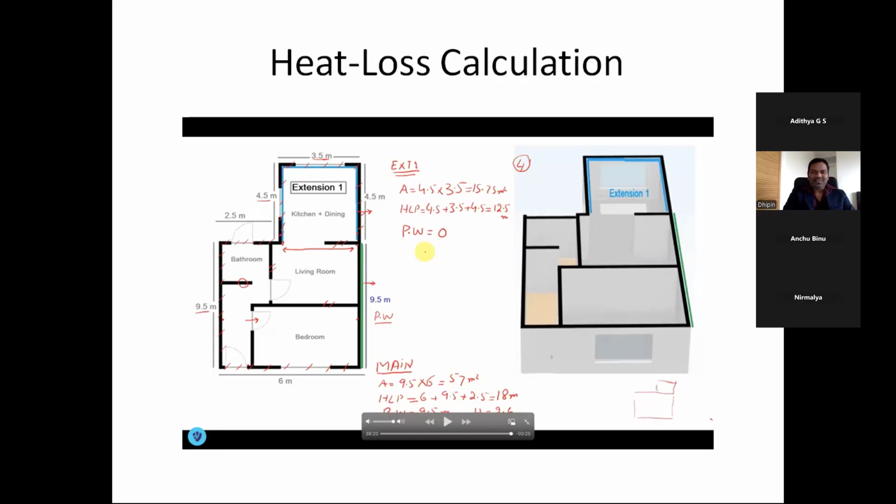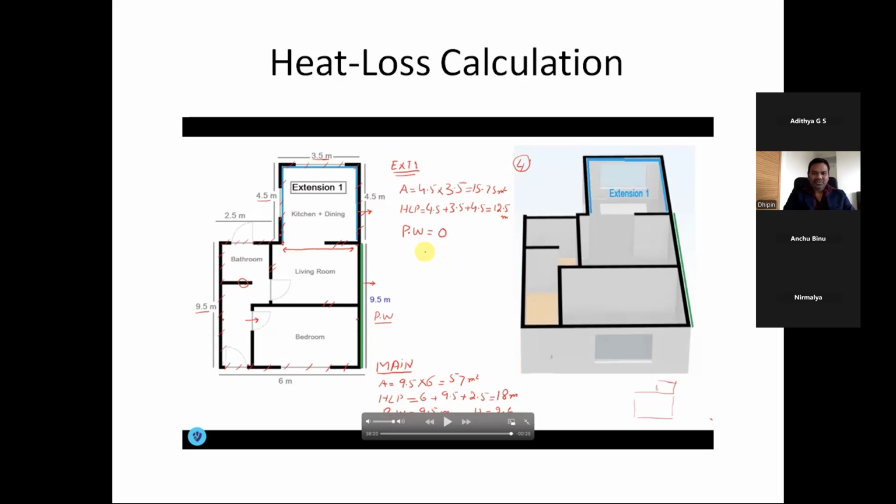Okay, rather than drag the conversation, let me put it this way. The main area would be considered for the calculation based on the area that is open for the heat loss, and an extension would be excluded.